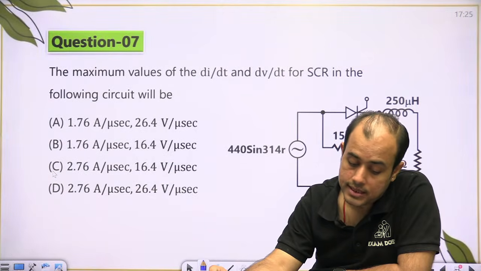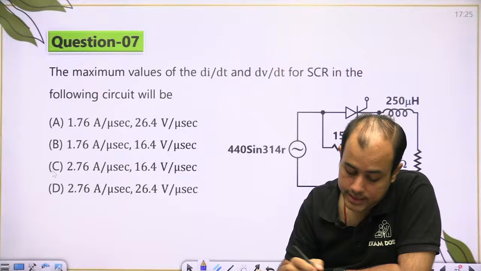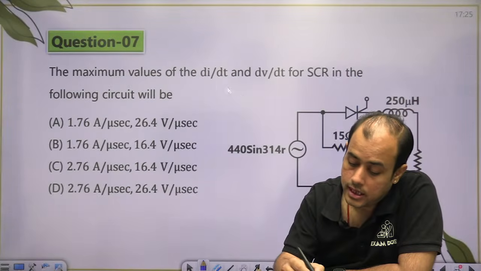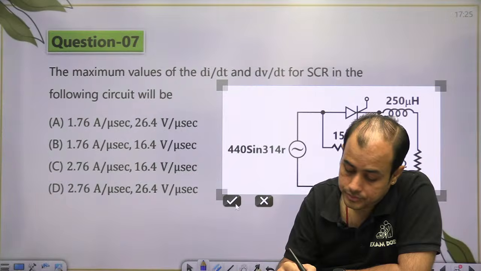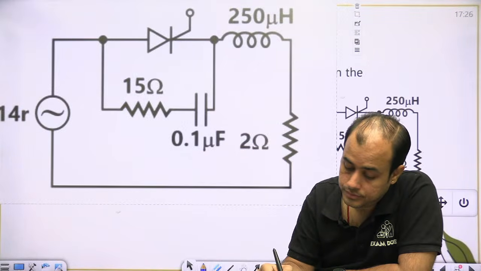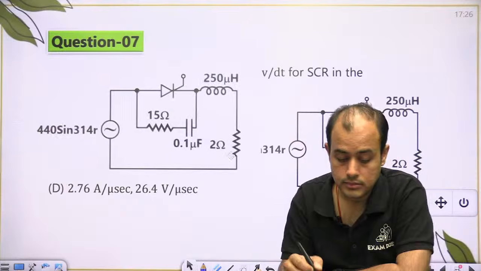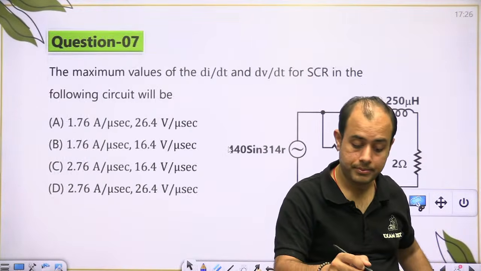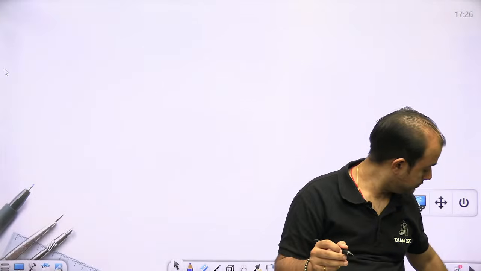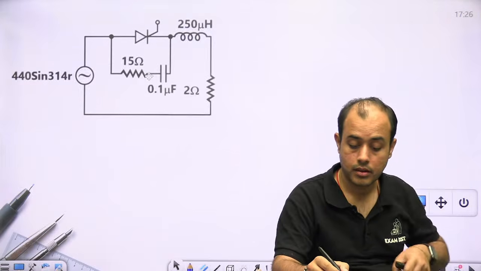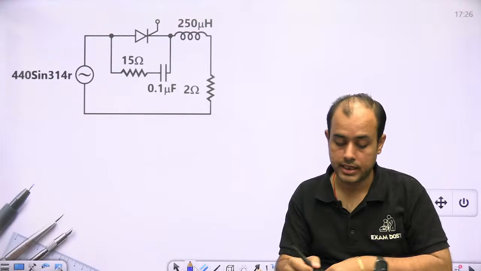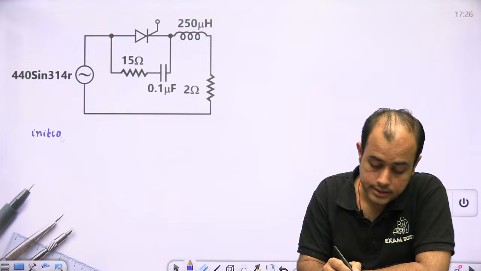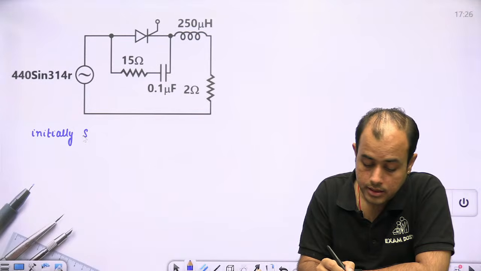Next, maximum value of di by dt and dv by dt of the SCR in the following circuit. अब ये वाला ध्यान से देखना. First of all, beta, how to solve this type of question?